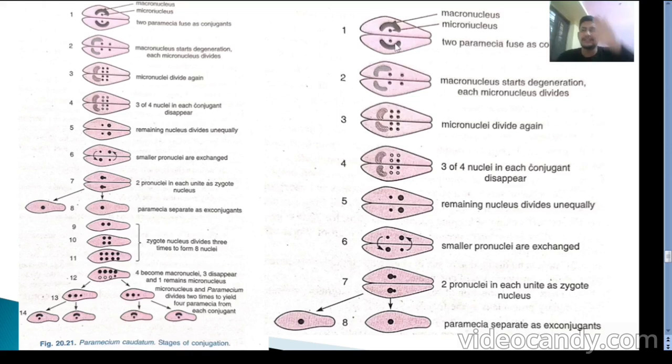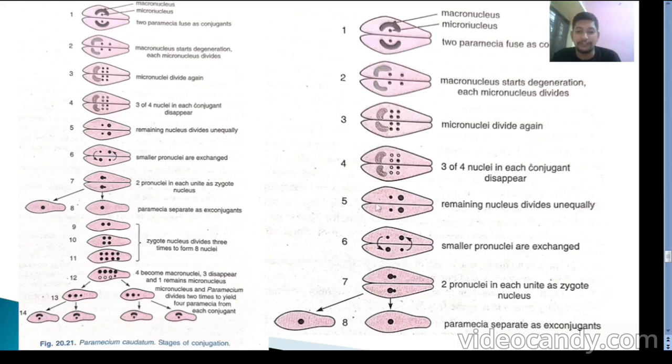See, the simple thing, remember: the macronucleus, the large nucleus, disappears. And the small nucleus, that is called the micronucleus, divides and forms the 4 micronuclei. Now out of these 4, 3 will disappear and the remaining one is called a functional micronucleus. This functional micronucleus divides unequally.